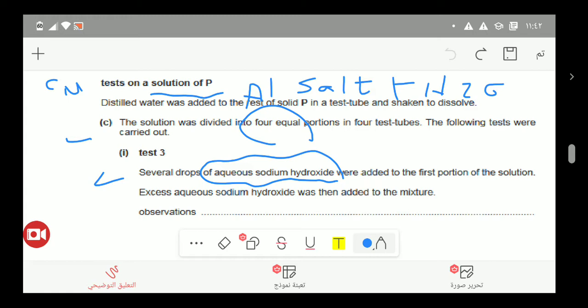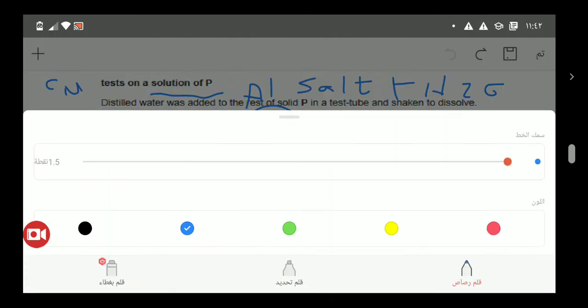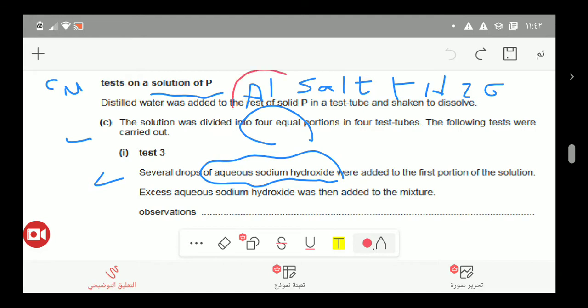Observation: as we know, there is aluminum here. Aluminum with drops of sodium hydroxide, as we studied in the previous session, gives a white precipitate. If we add excess sodium hydroxide, it is soluble.